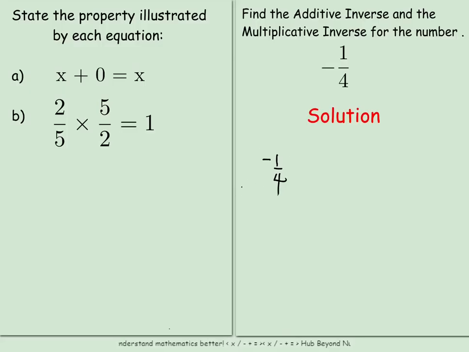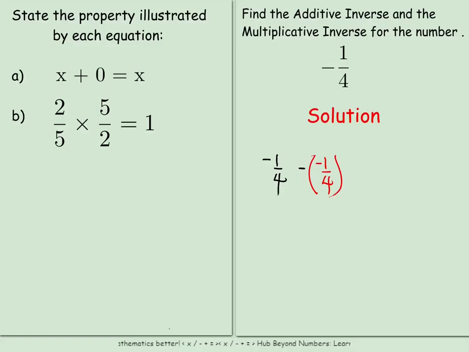So what number do we need to add to negative 1 over 4 to give us a 0? It is just its what? Opposite. So we negate the sign. Okay. So that is the negative of the number we have been given. The number we have been given here being what? Negative 1 over 4. Easy.